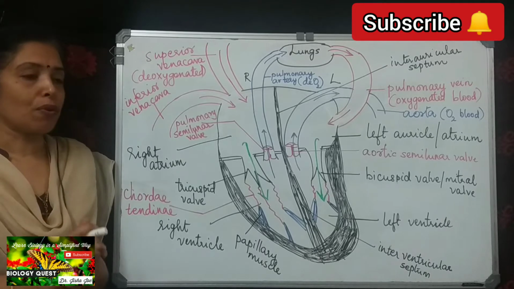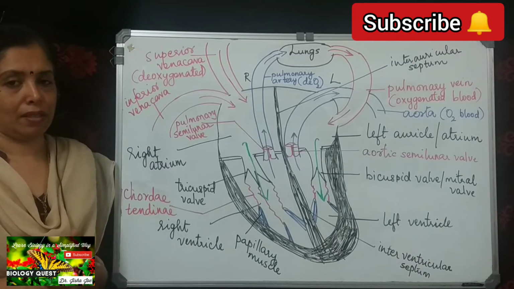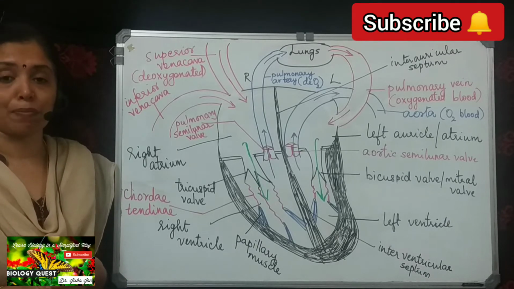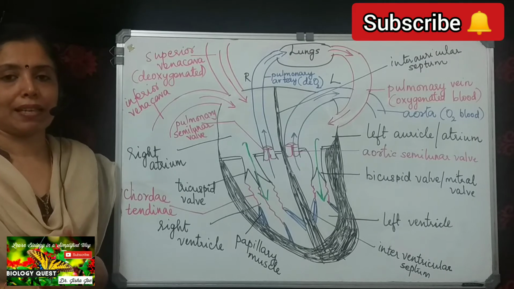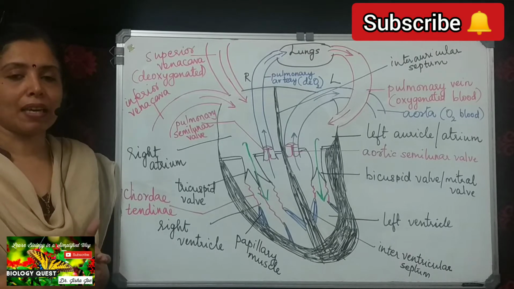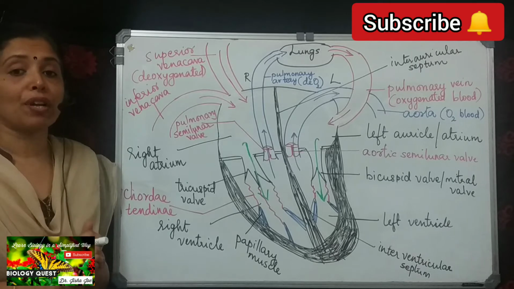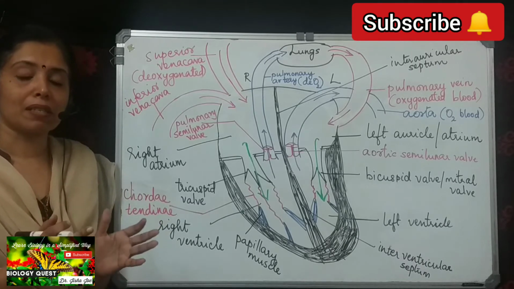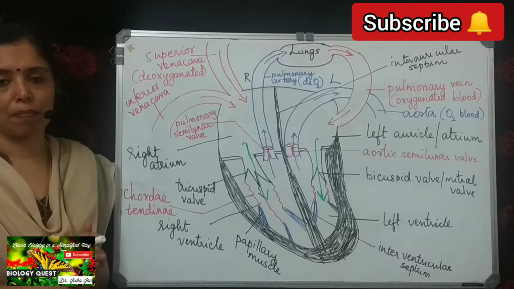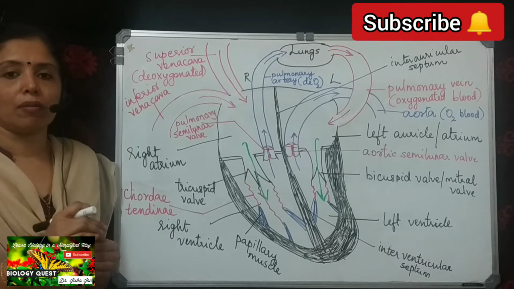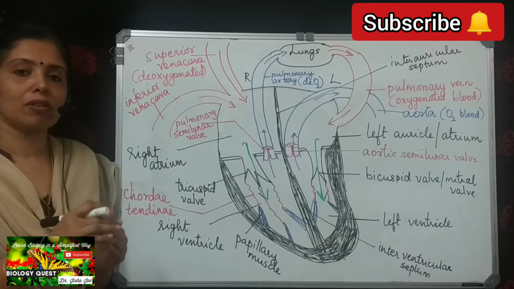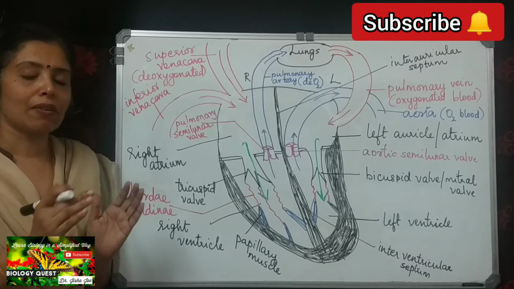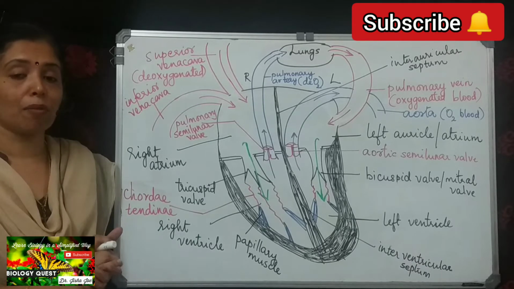Now, this coronary artery produces branches throughout the wall of the heart to supply the muscle cells of the heart. If any of these branches of the coronary artery gets blocked, then that particular region of the heart muscles will not get sufficient supply of oxygen and nutrients, and that region of the heart becomes dead.